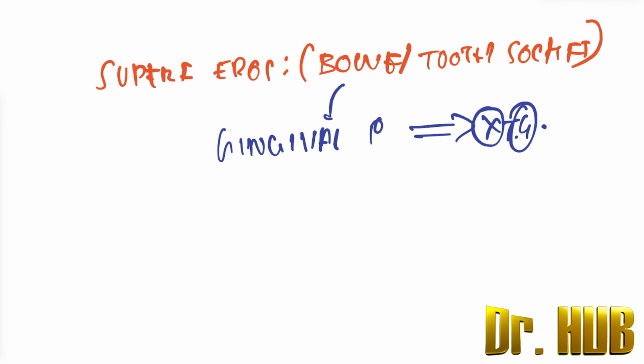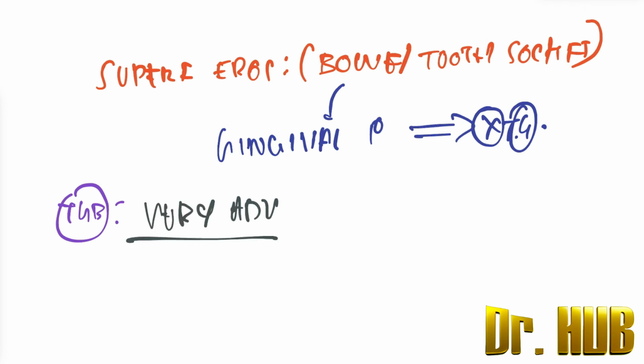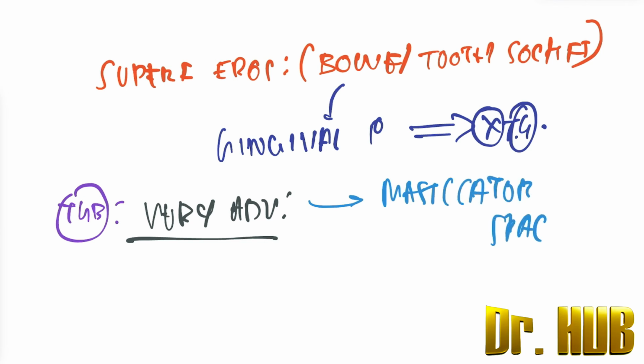Next we move on to the T4B. T4B means it is a very advanced local disease. By very advanced, the tumor invades the masticator space and also the pterygoid plates.